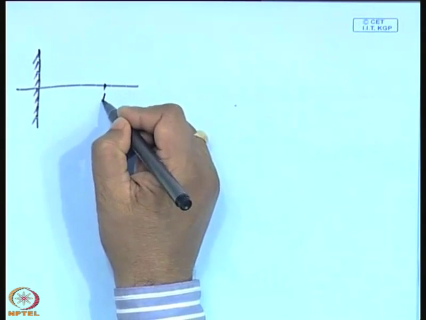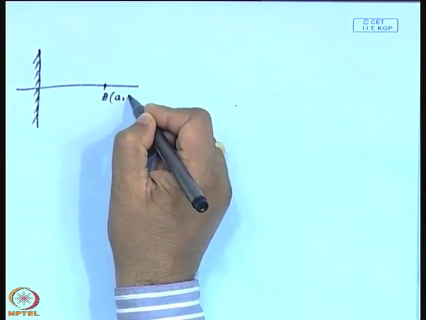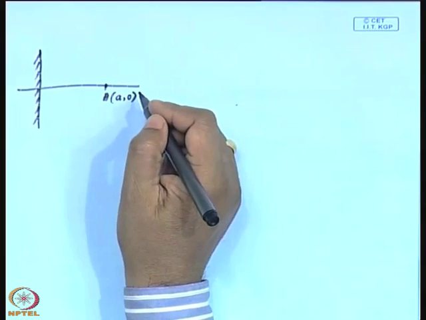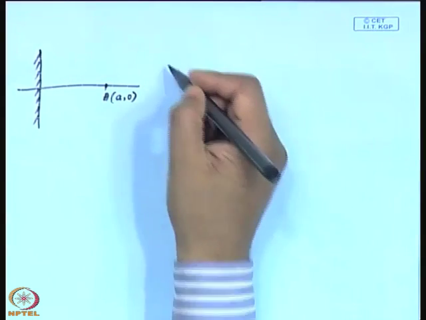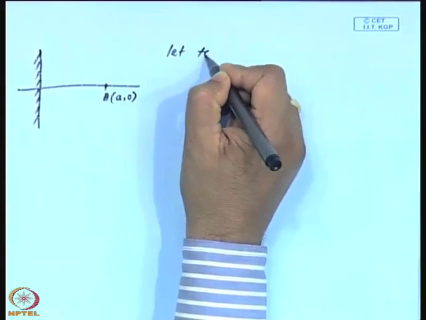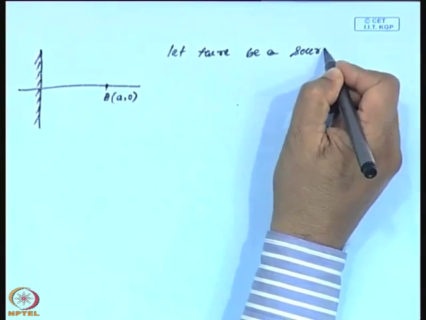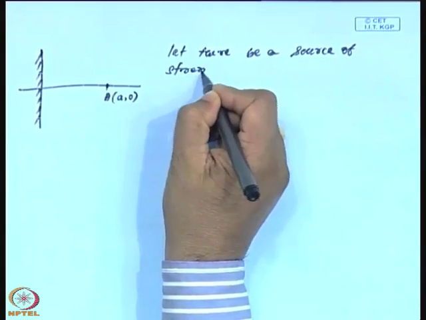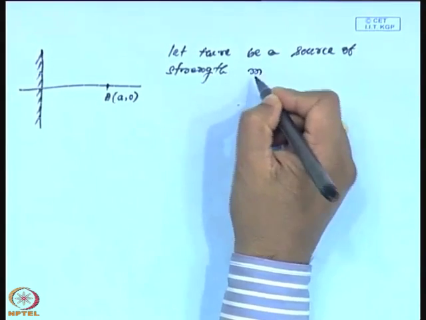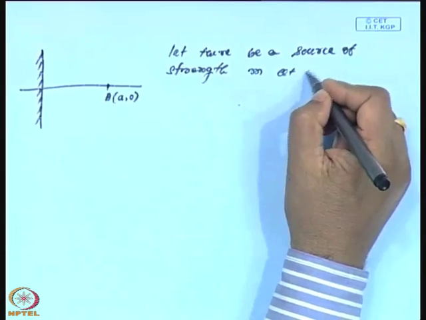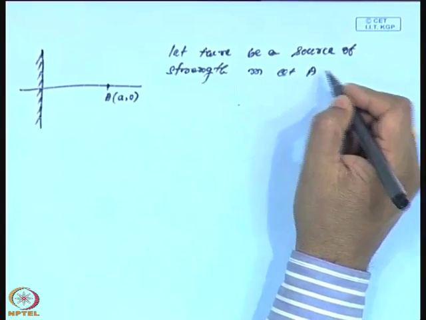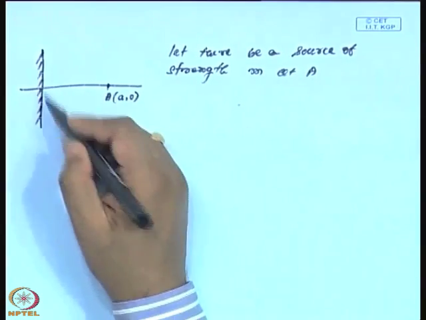Let there be a point A, that is a comma 0, and now let there be a source of strength m at A. This is on the x axis, there is a wall.